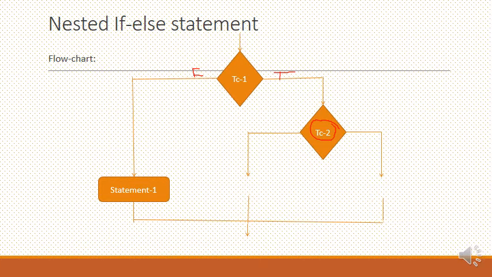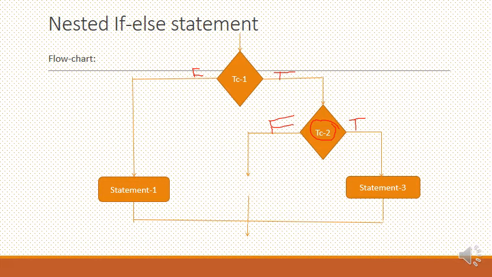Once again, this condition also has two options, one is true and another one is false. If this is true, it is going to check the second condition. If this is true, that means both the conditions are true, so it is going to execute statement 3.